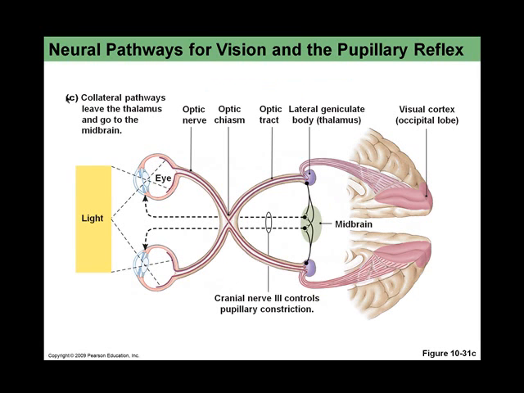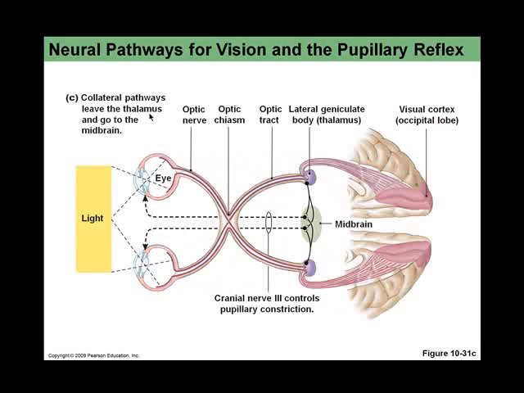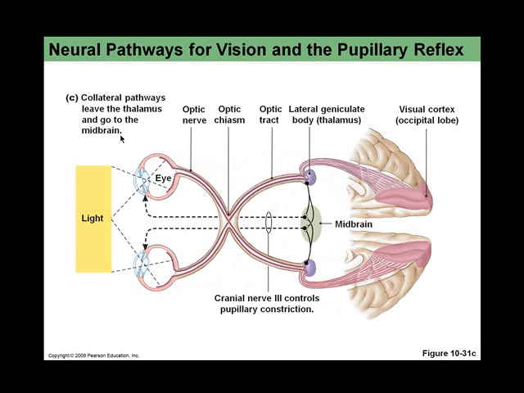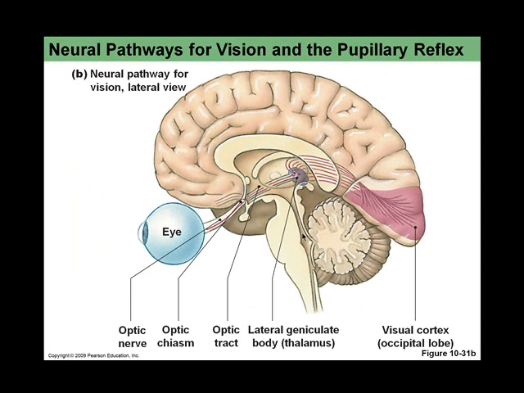So here we are considering in panel C the collateral pathways that leave the thalamus to go to the midbrain, and this is specifically related to the pupillary reflex, not for the superior colliculus that I had mentioned before. So obviously you want to coordinate all of this.